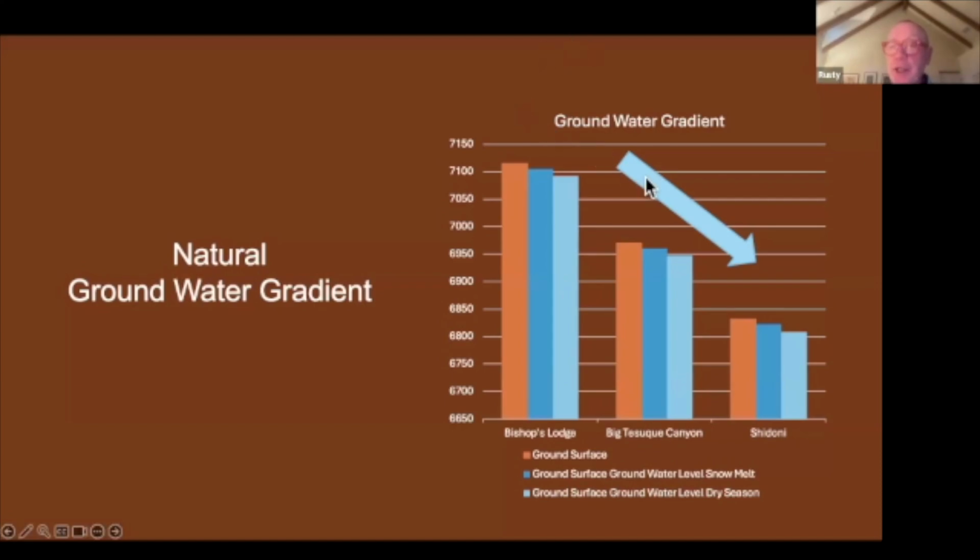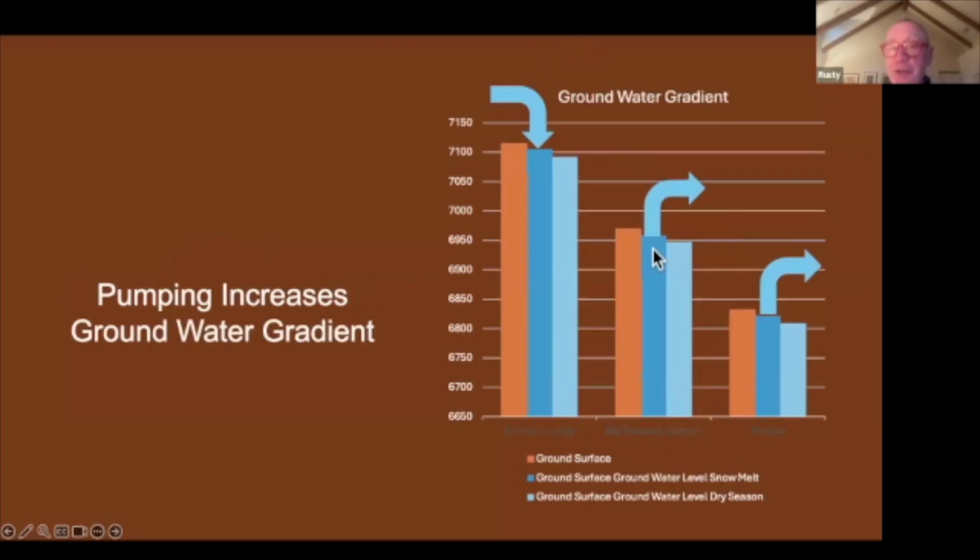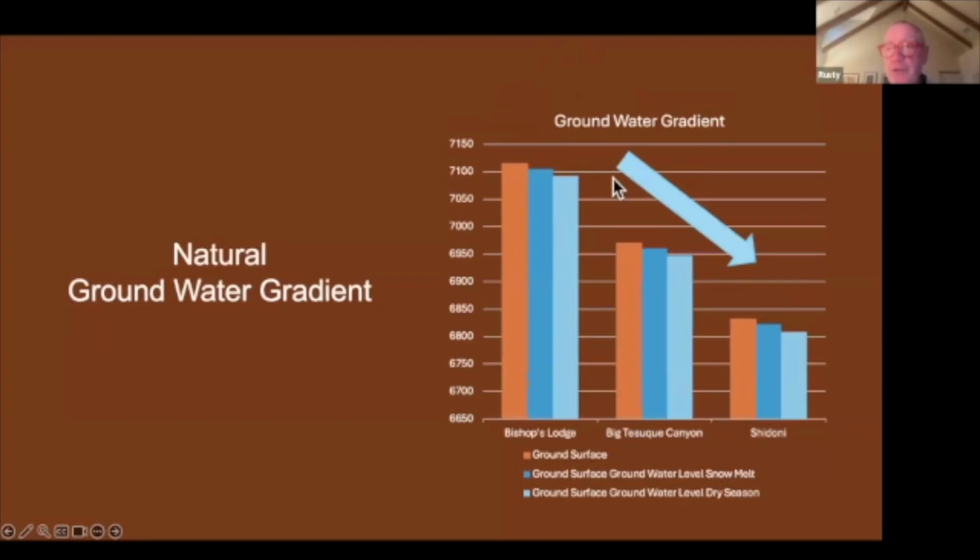The natural gradient is pushing that water and it's moving down. Depending on the transmissivity of the soils and the pressure determines how fast that gradient moves. We need a hydrogeologist to tell us that. Might be a year, might be 10 years. It's probably more likely a year.